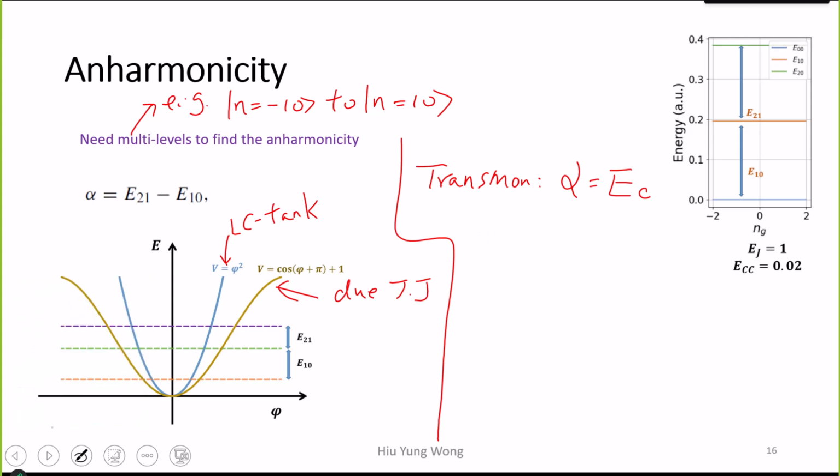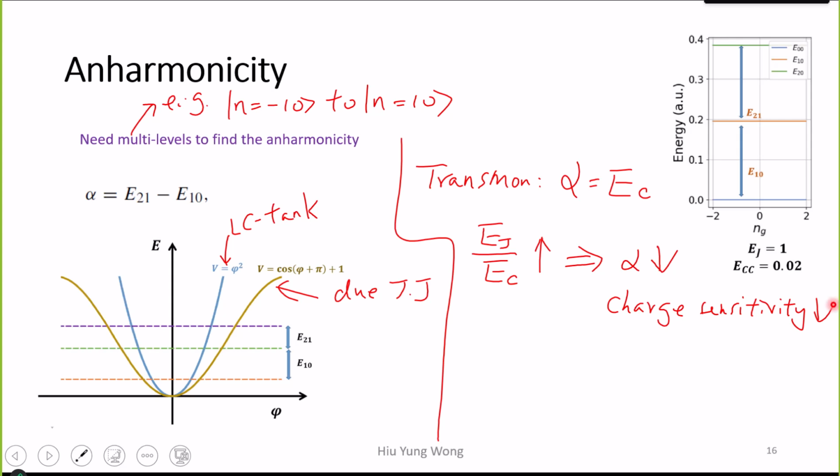If, as we say, we want the Transmon to have EJ larger than EC, so if EJ over EC increases, unfortunately alpha will decrease, although the charge sensitivity will also decrease.